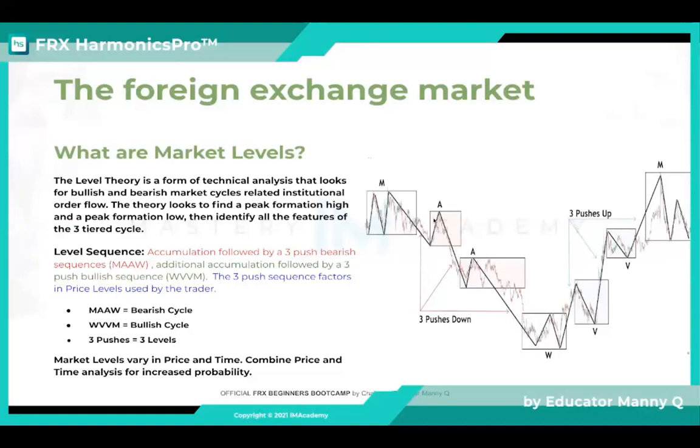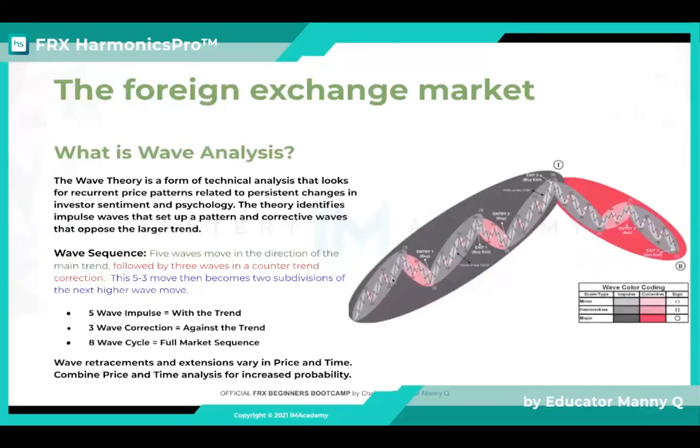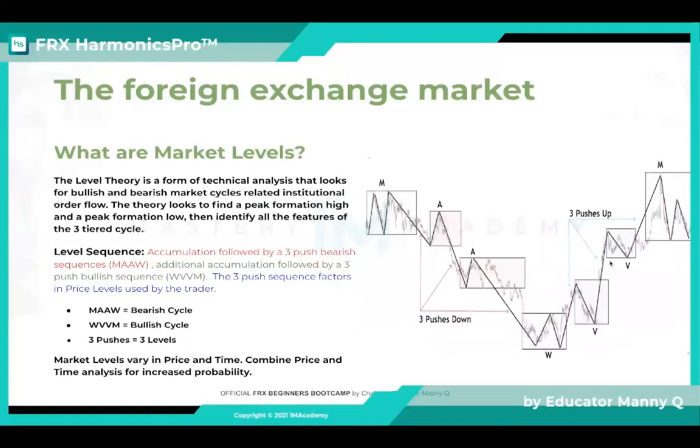And then the traders will use these levels as their areas of support and resistance inside of the market, just as how wave traders are using the pushes up and the pullbacks as their level. So if you look at this, let's say there was a distribution, there goes the V, there goes the V, and then there could be some type of M variation before the market goes down, okay? So that's how it is.